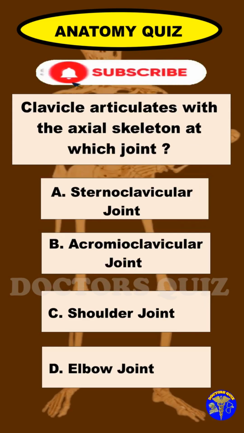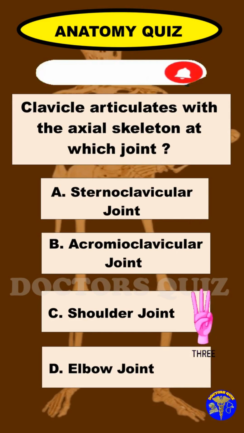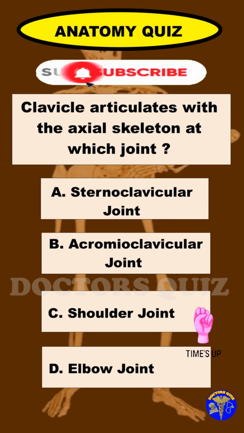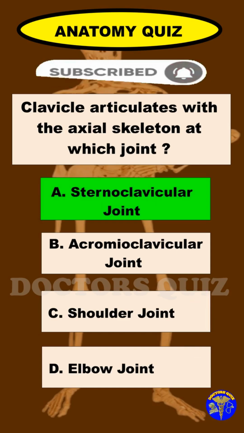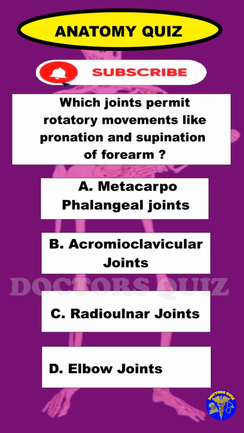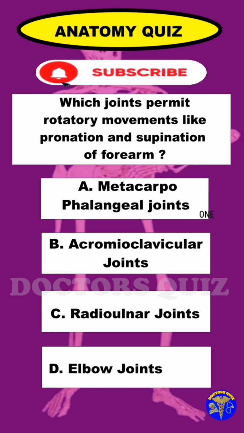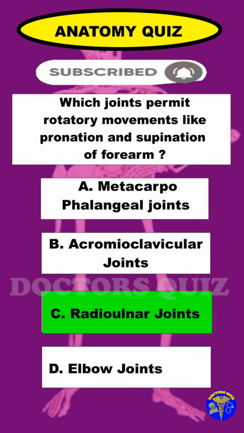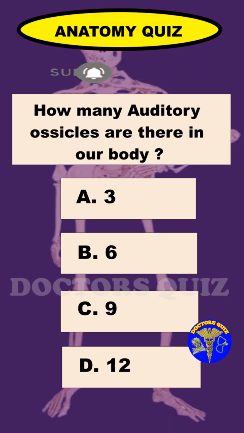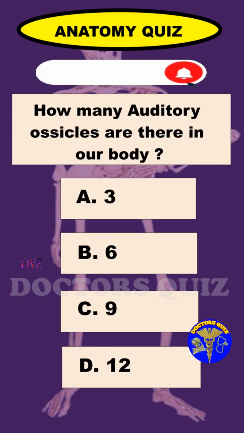Clavicle articulates with the axial skeleton at which joint? Sternoclavicular joint. Which joints permit rotatory movements like pronation and supination of forearm? Radioulnar joints. How many auditory ossicles are there in our body?